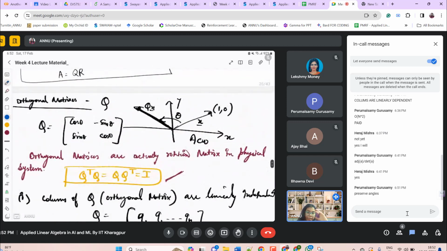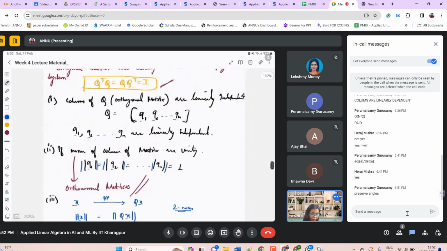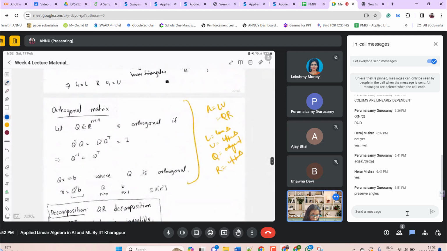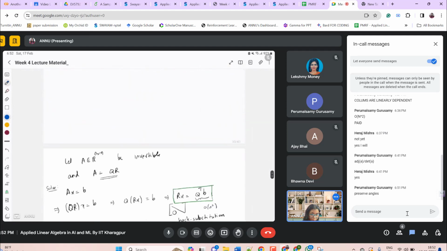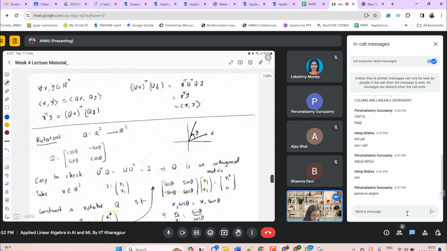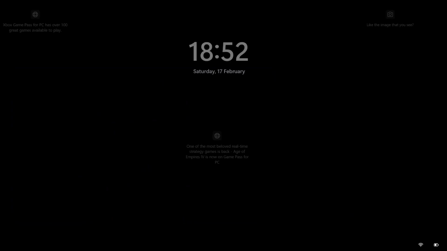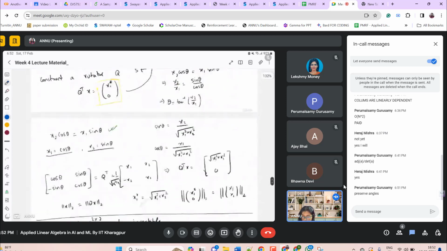If you try to visualize it in your mind, you can see the angle is also same. Anyway, it is rotating, the angle is same. So what can we write in the form of equation? We saw norm is same, angle also is same. Let's see how sir has written.